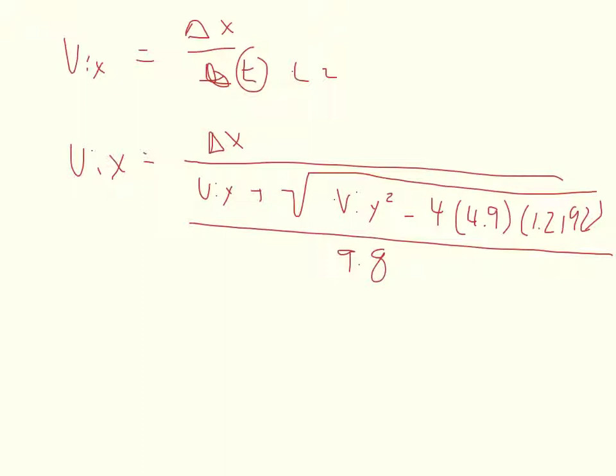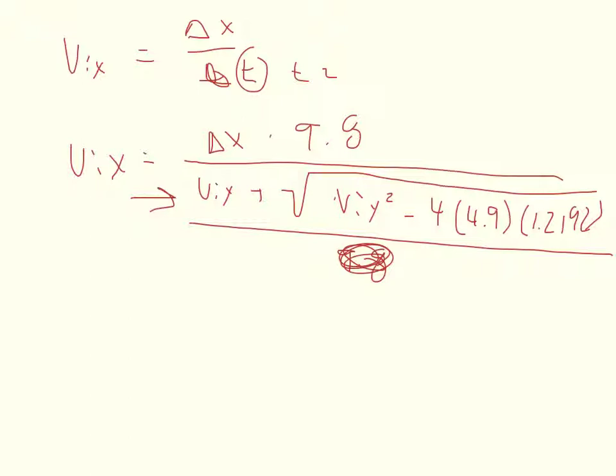9.8. And so we can actually rearrange that, which would put the 9.8 on the top. So delta x times 9.8 over the rest of this. We know what delta x is. It's 15 feet, or approximately 4.572 meters.